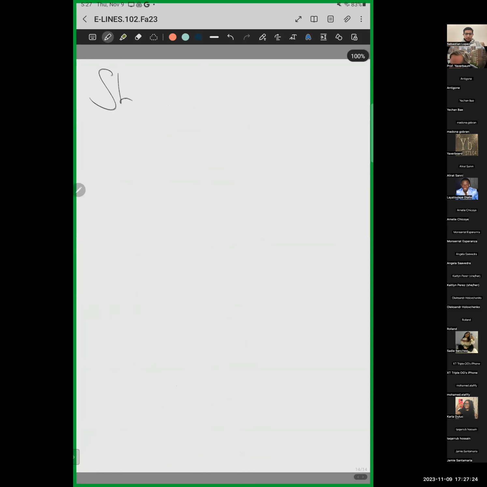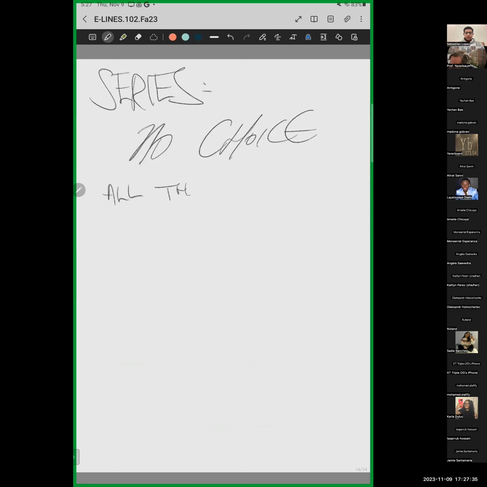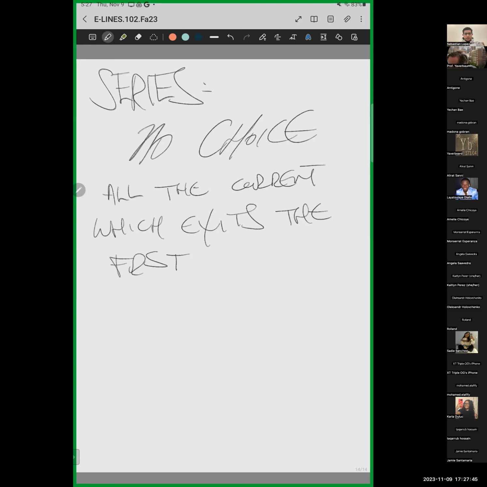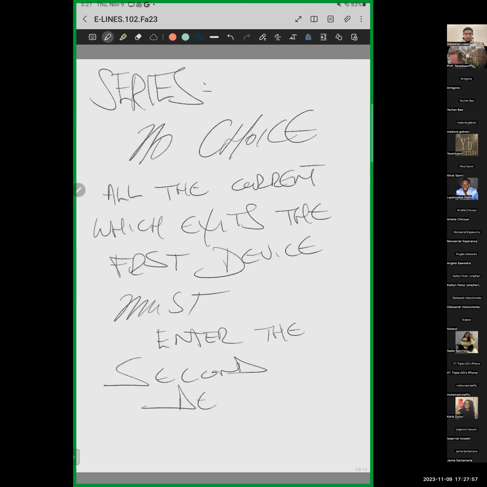When they're arranged in series, what that specifically means is no choice. That specifically means all the current which exits the first device must enter the second device.